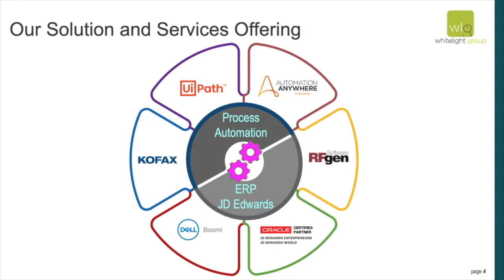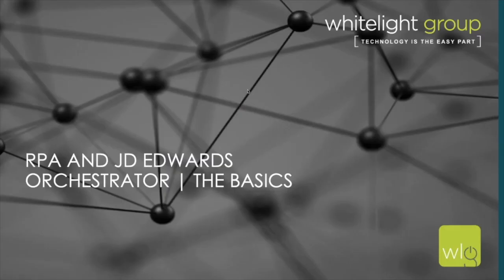As far as RPA is concerned, we have partnered with 3 RPA solutions: Automation Anywhere, UiPath, and Kofax. If you'd like to talk a little bit more about detail of any of these slides, contact us after our presentation. We'll have a lot of contact information throughout the process.